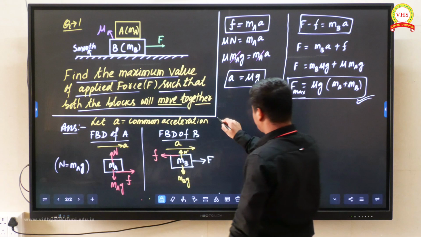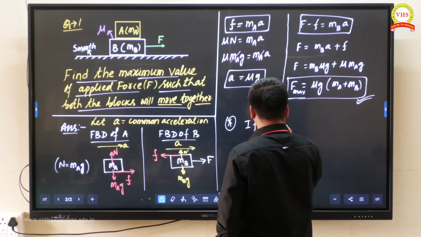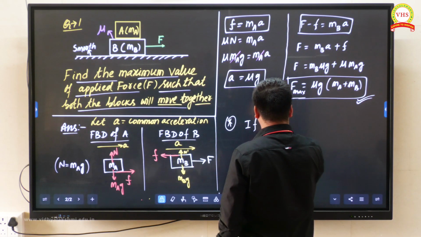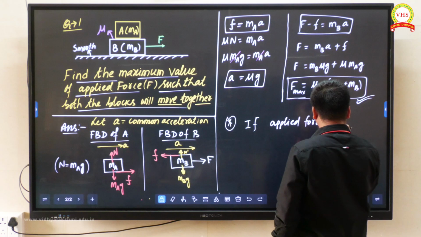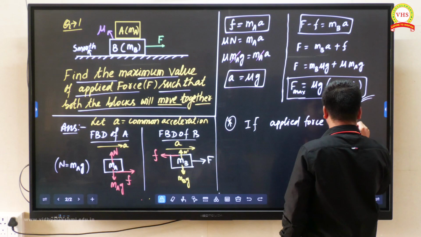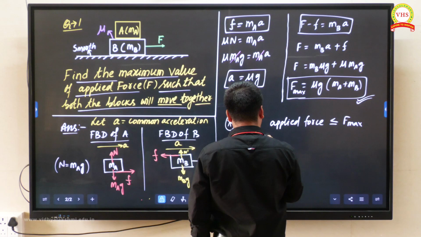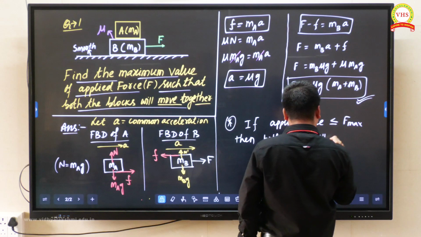Now remember one more thing here. Put a star mark. If your applied force is equal to or less than F max, then both blocks will move together.